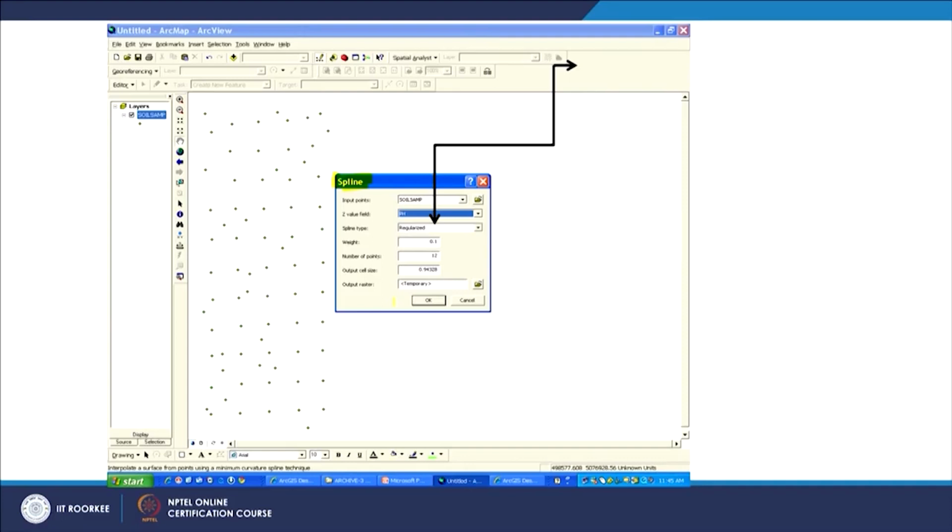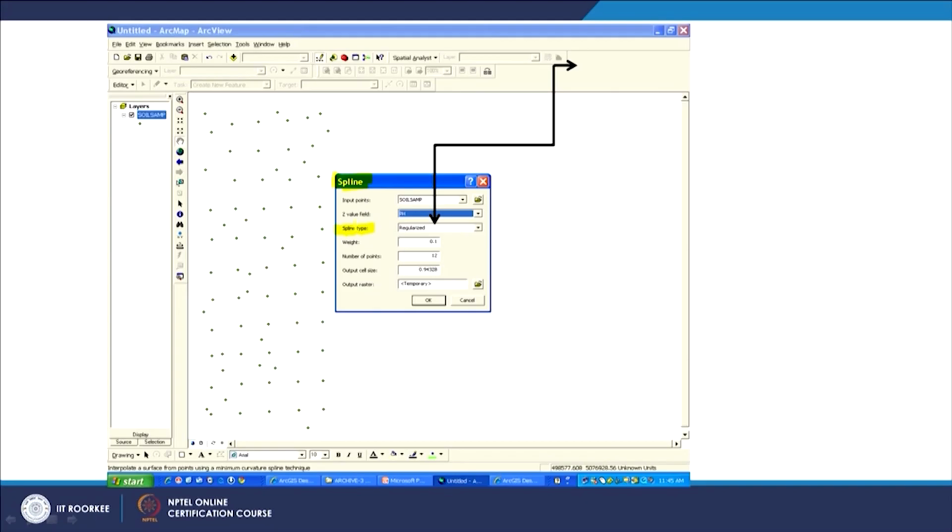The first option is which type of spline, because as I mentioned earlier, each interpolation technique will have its own variants. Which is most suitable for your data set is a difficult question that we will discuss later.